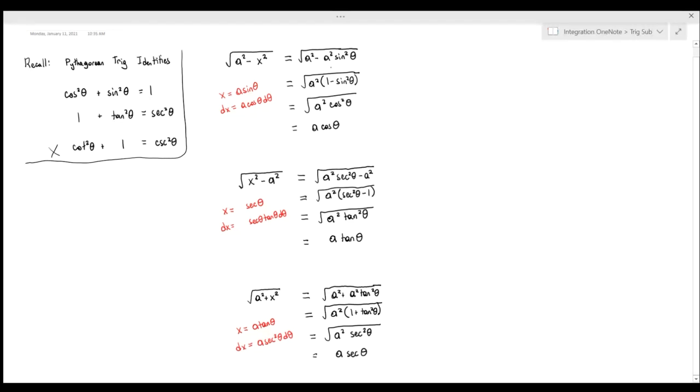If I factor out the a squared from the terms, we get 1 minus sine squared remaining. So 1 minus sine squared is cosine squared, according to this identity. Then when we square root a squared cosine squared theta, for trig sub, you'll be able to simplify that as a cosine theta.